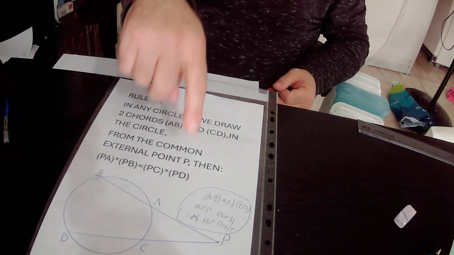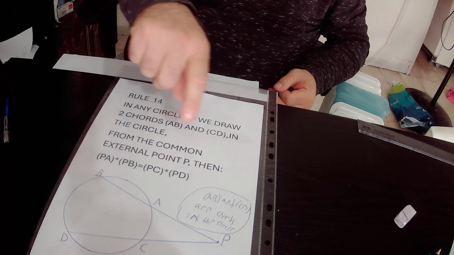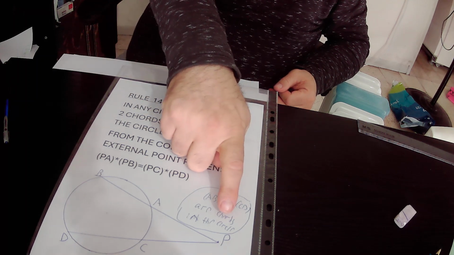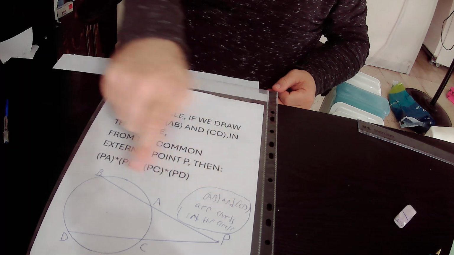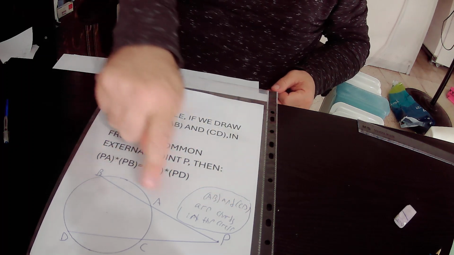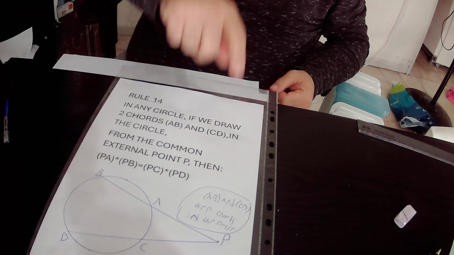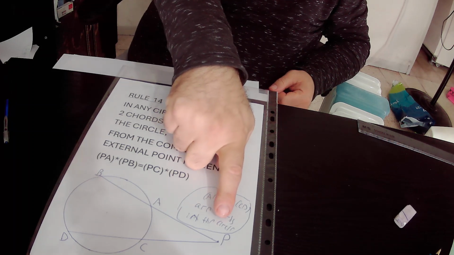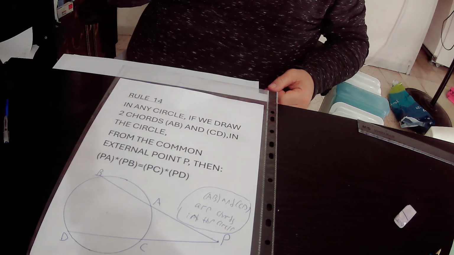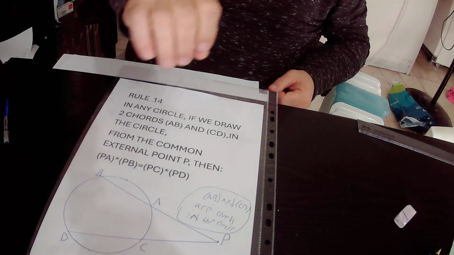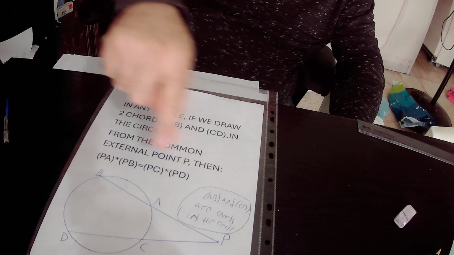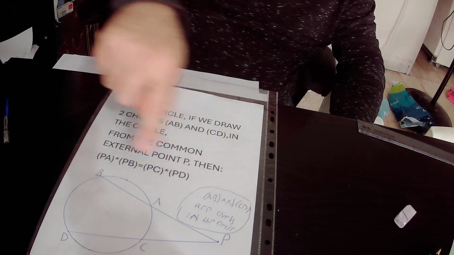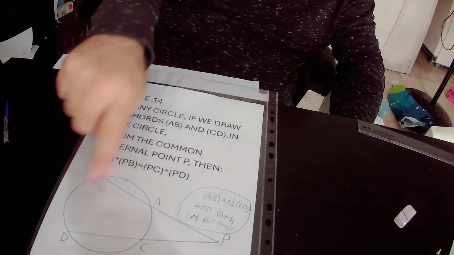So we have in the drawing a circle, and we have the common point P. From the common point P, we drew two chords inside the circle, chord AB and chord CD. Both of them are drawn from the common point P. So in this drawing, PA times PB equals PC times PD.